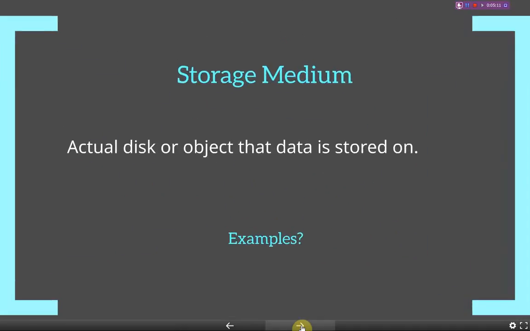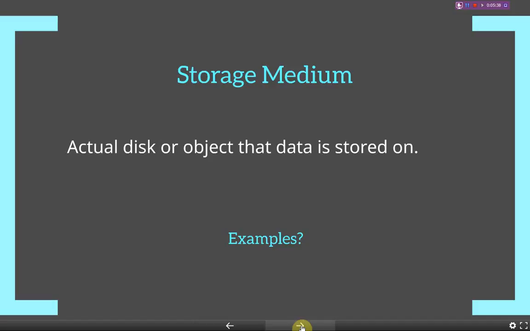A storage medium is an actual disk or object that the data is stored on. Okay, so the storage medium is the thing that we can carry with us, the physical thing that we can take places. So what do you think are some examples of storage mediums? What are some things that we can take with us that hold data? An SD card, so the memory cards that we put in our cameras.